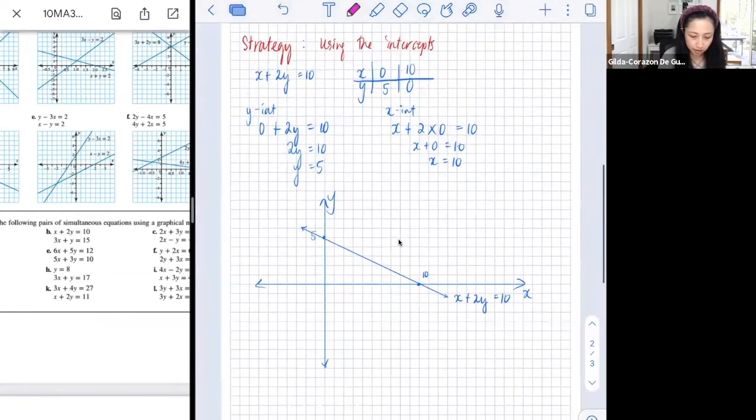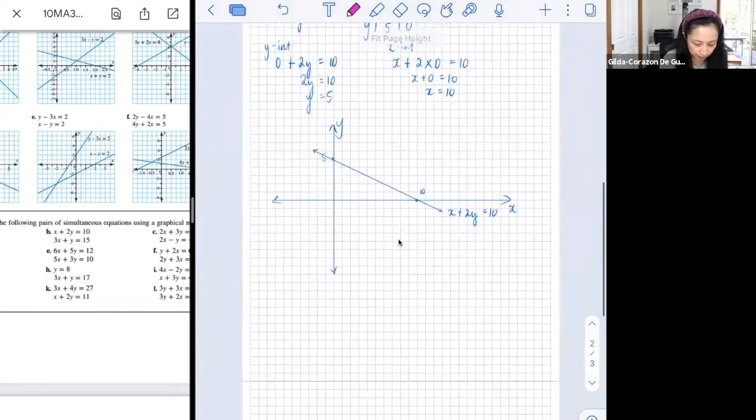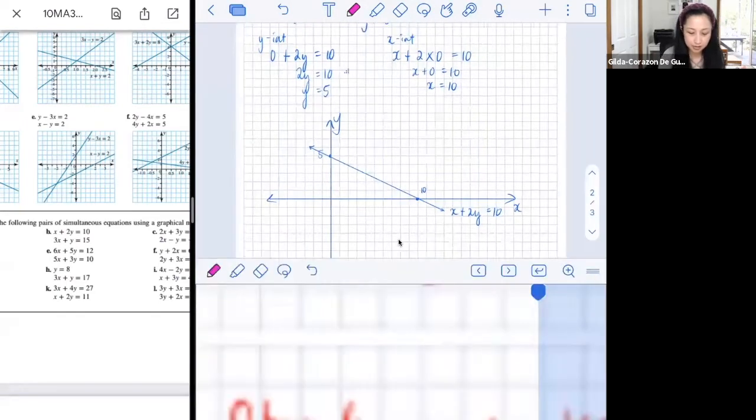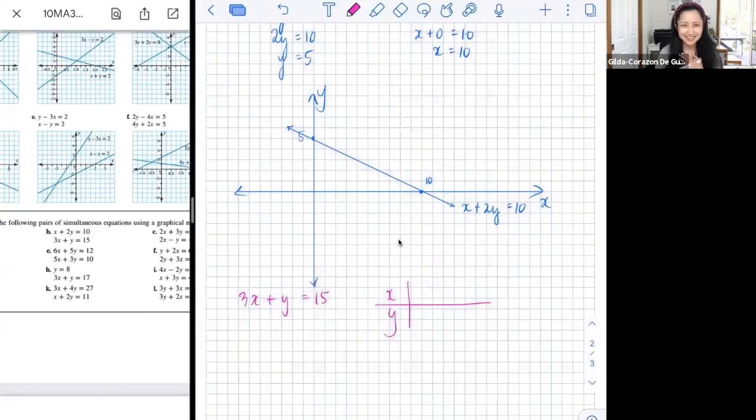We want 3x plus y equals 15. So now we want the table of values, but we're selecting just the intercepts.